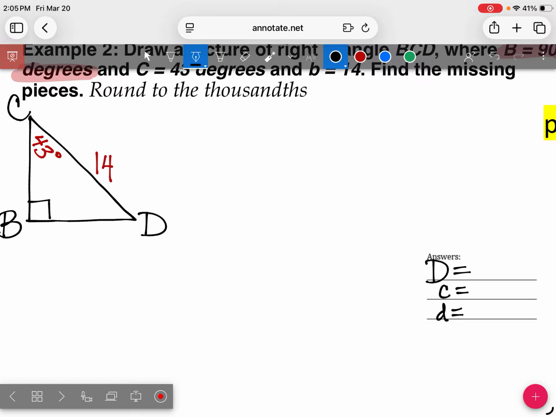All right, what do you think is the easiest to find? Capital D. Let's do that. Use your triangle sum.